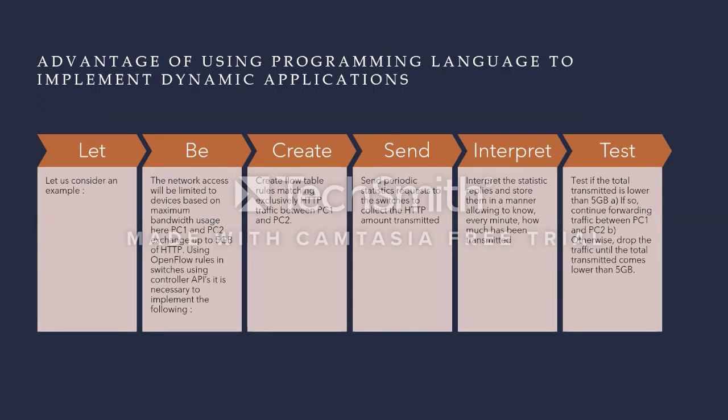Then it interprets the statistic replies and stores them in a manner allowing to know every minute how much has been transmitted, that is the packets. Finally, it tests if the total transmitted is lower than 5 gigabytes. If so, it will continue to forward traffic between PC1 and PC2. Otherwise, it will drop the traffic until the total transmitted comes lower than 5 gigabytes.